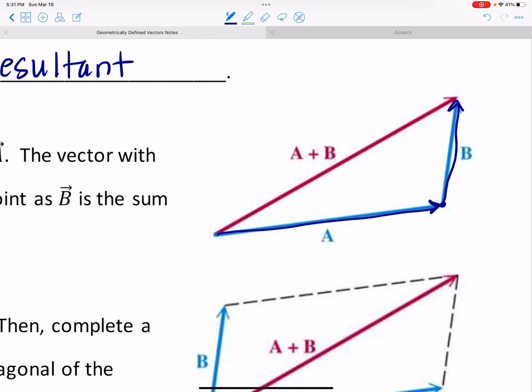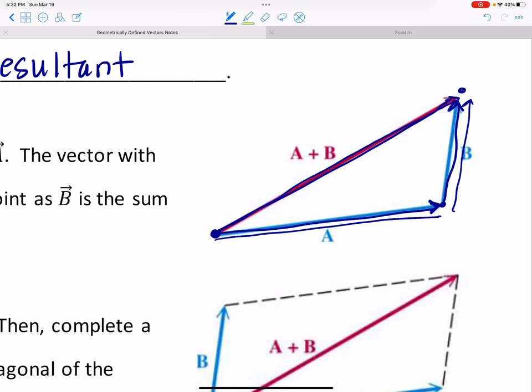If I drew in this third vector that had the same initial point as a and the same terminal point as b, then that's going to represent the sum of those two vectors. And hopefully it makes sense, right? If I went this far this direction and then I went this far this direction, this is where I land. So instead of taking that long way around, I can just go straight from this point to this point.